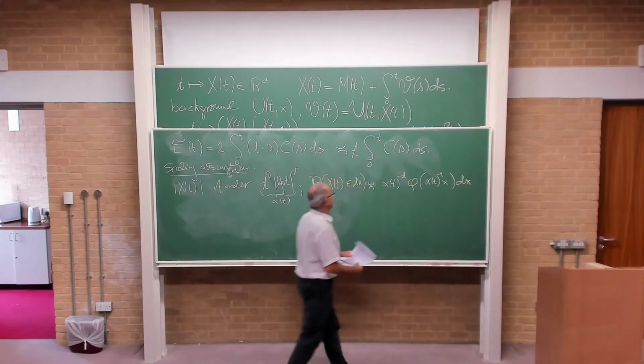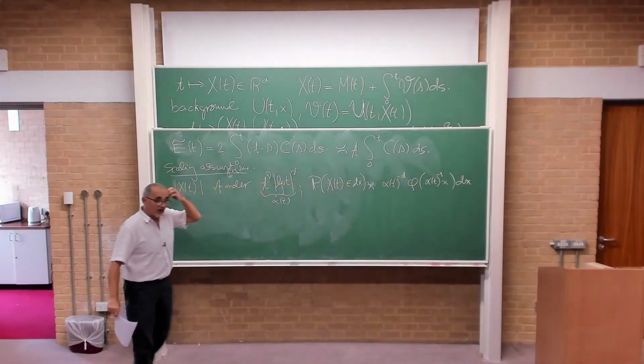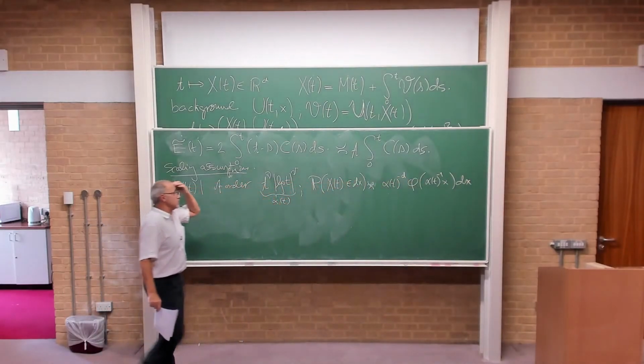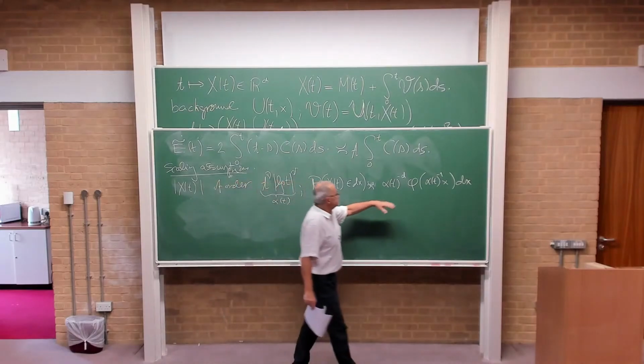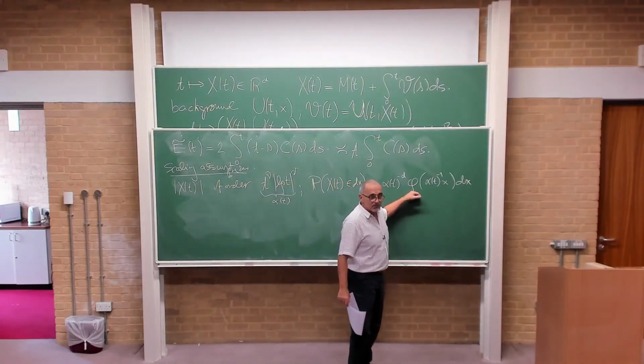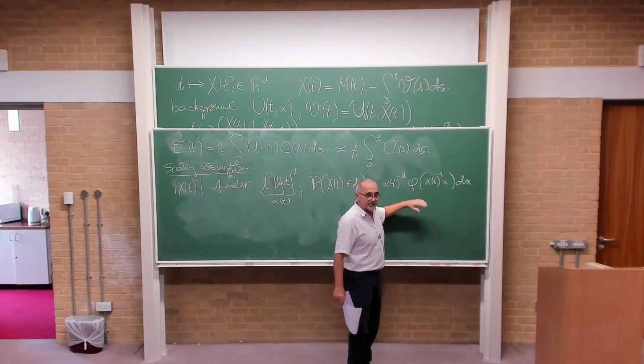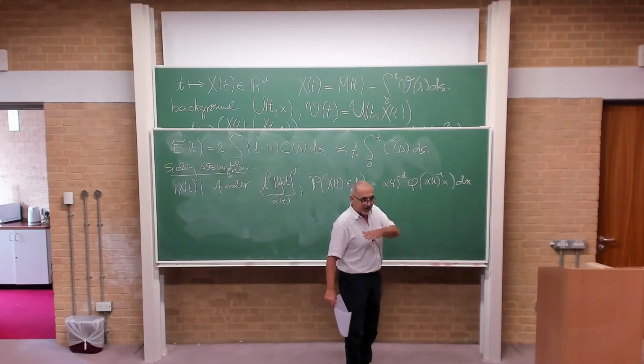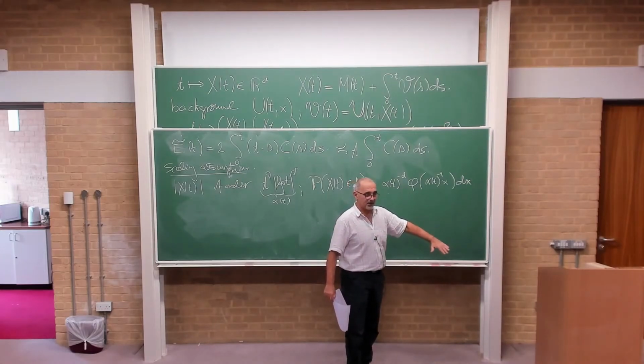So this looks like a local limit theorem with scaling alpha. And about phi, I assume that it's nice, regular. So phi is as it should be. Of course it's positive because it's a density, but it's like that. Good.